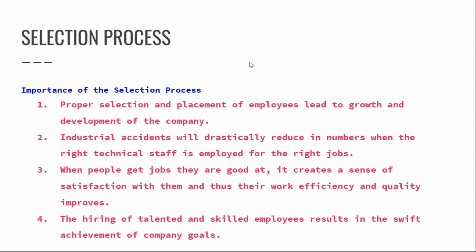Now the last point is that the hiring of talented and skilled employees results in the swift achievement of company goals. Yes, if you are hiring a talented and skilled employee, then your achievement will double. The goals of your company will be achieved. You will get to know a better vision. You will find a better ambition for your company and yourself.